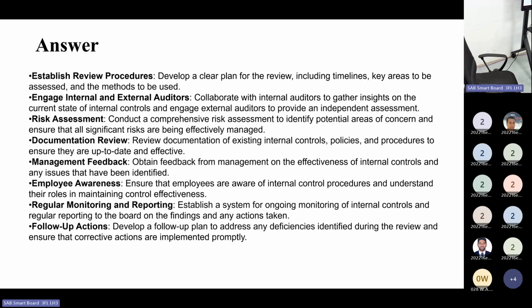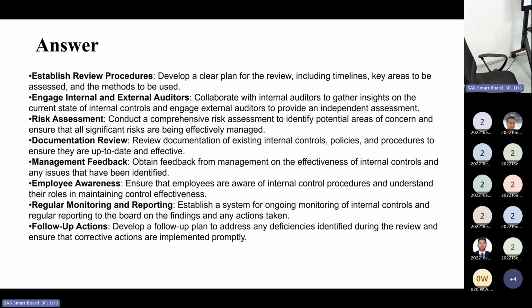Collaborate with internal auditors to gather insights on the current state of internal controls, and engage with external auditors to provide an independent assessment of the internal controls. Risk assessment: conduct a comprehensive risk assessment to identify potential areas of concern and look whether there are controls for these areas.